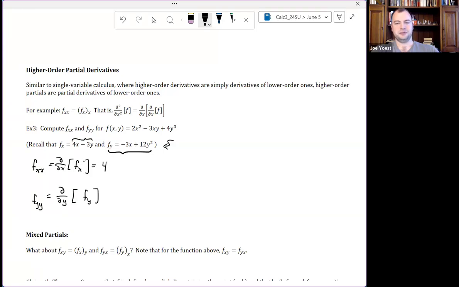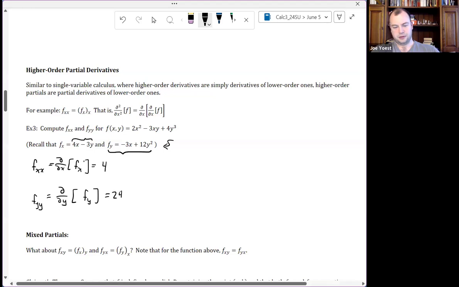It differentiates to 0. And the 12y squared, taking the partial with respect to y, gives me 24y. So for that original function, this polynomial, these are our second order partials, f sub xx and f sub yy.